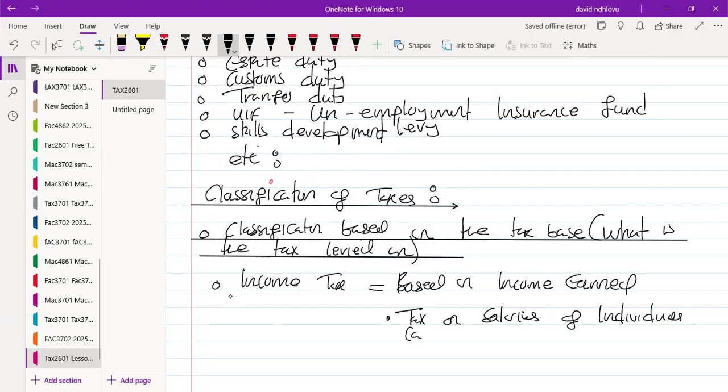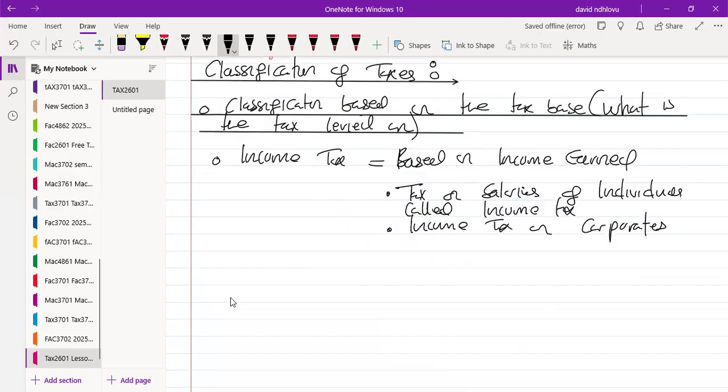This is called simple income tax of individuals. We also have income tax on corporates. Those are examples of income taxes. They are charged on the income earned by a taxpayer.